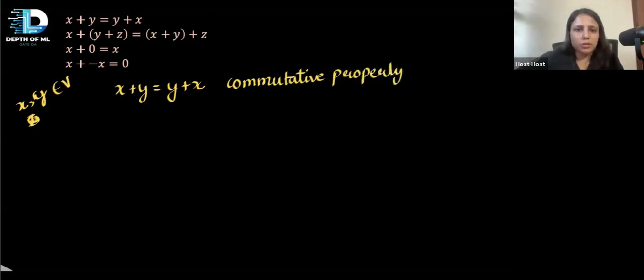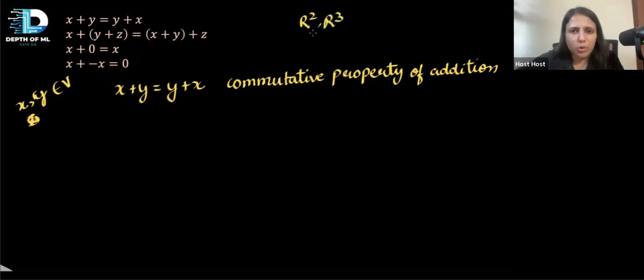So what I'm saying is that if I do x plus y, or if I do y plus x, they should be the same. And we know that in R2 or R3, this property holds, right? So the first property is the commutative property of addition.